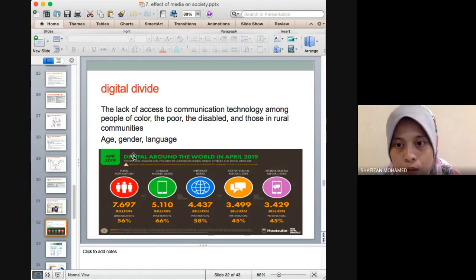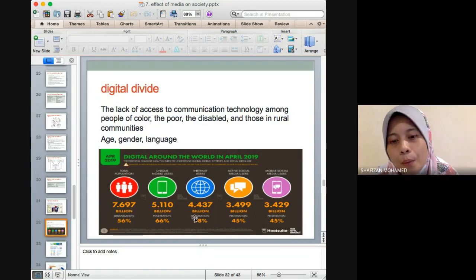All right. So here, if you want to see what we call a macro perspective, out of the total population in the world, only 56% of the world population is living in urban areas. That means you still have 44% of the world population still living in rural and lack of access areas.